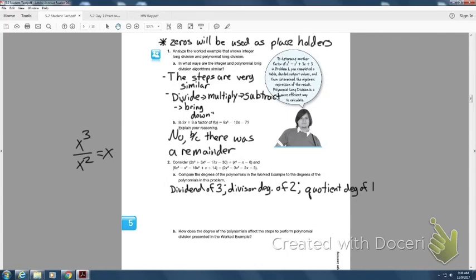On the second example there, the dividend has a degree of what? 4. The divisor? So what is my quotient going to be? 1.